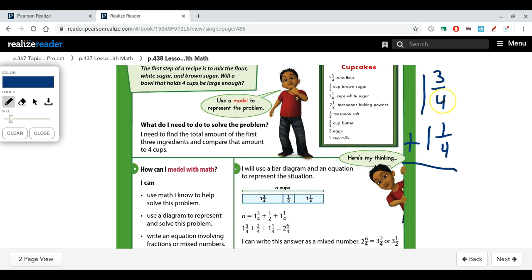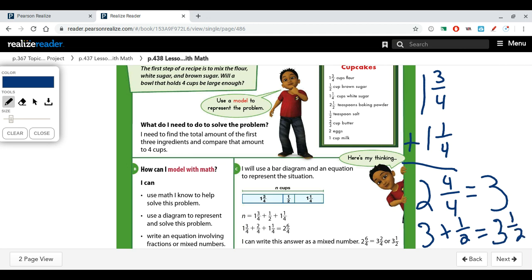Their common denominator is 4, so I don't need to change anything here. So then it becomes 3/4 added to 1/4, which is equal to 4/4. And then I have 1 plus 1 is equal to 2. So I have 2 4/4, or that's equal to 3, plus 1/2 is going to be equal to 3 1/2.